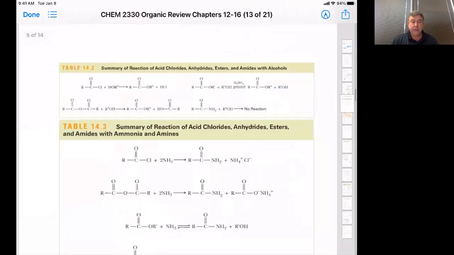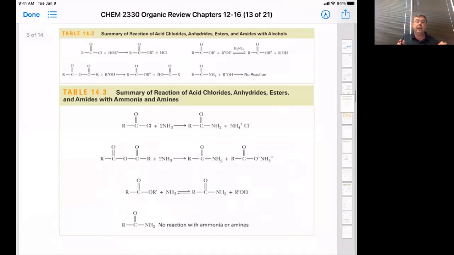So from that, we can make either esters or carboxylic acids or anhydrides from these different things. In this case, we're making esters from the acid chloride by just adding alcohol. We're making esters from other esters by the transesterification reaction.